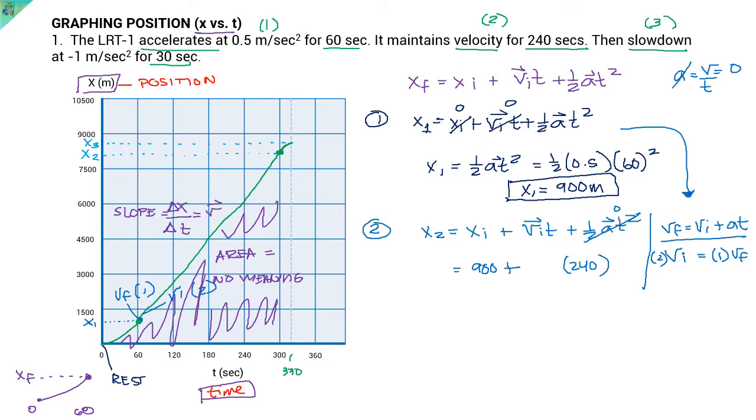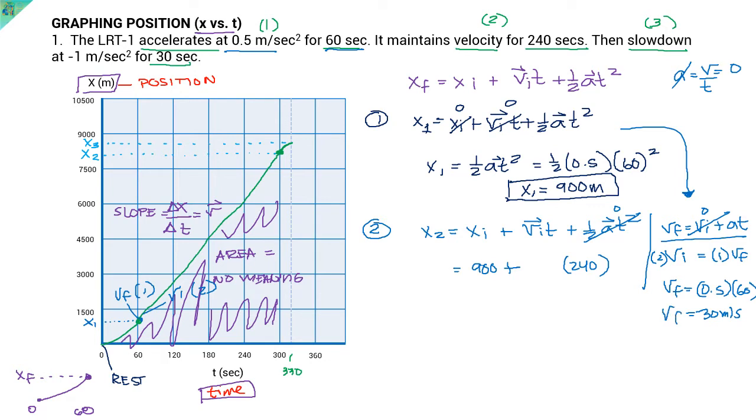Using this formula, we're going to write here Vf is equal to Vi of our first situation. And according to this one, our first situation started at 0 meters per second. So that will be 0. And then it has an acceleration of 0.5 here multiplied by 60 seconds. So 0.5 multiplied by 60, you're going to have 30 meters per second.